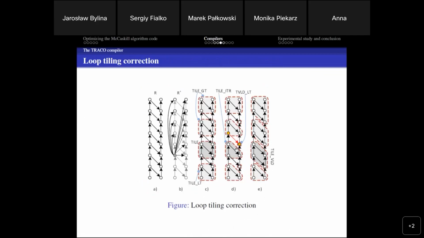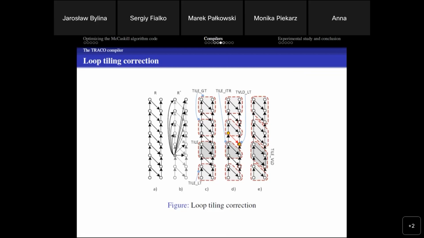As you can see, this yellow statement, because we cannot have in a tile a statement which is the target of a dependence in a tile which is in the future, because we cannot respect dependencies then, so we must modify the shape.